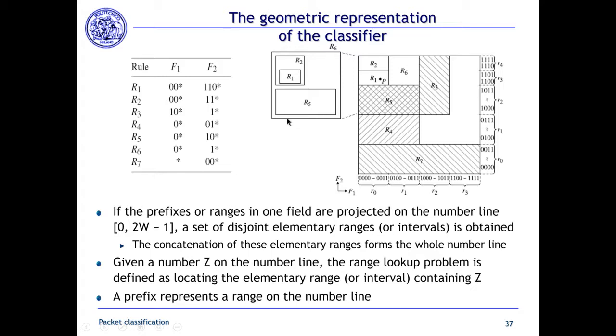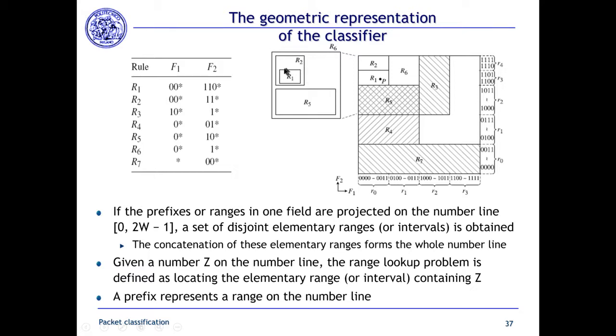When you are projecting, drawing these overlapping rectangles, you can identify intervals on the two axes that are defined by the intersection of the intervals corresponding to the single rectangles. For example, if you take R2 and R1, the interval corresponding to R2 is all this one.